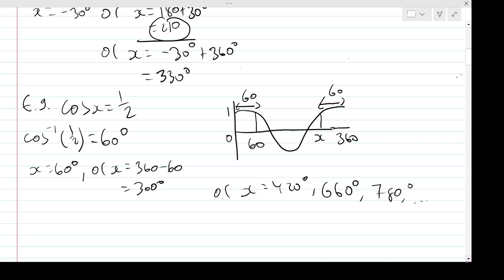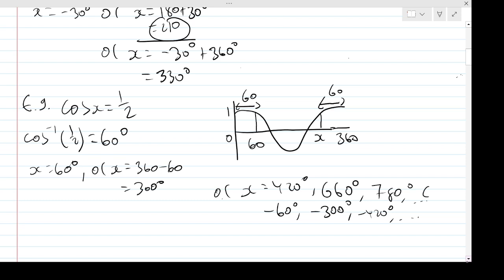We could also take them away. So if we did 300 firstly, take away 360, we would get minus 60. And then if we did 60 take away 360, we'd get minus 300. And then minus 60 minus 360 would be minus 420. And again, we can just take away 360 as well.